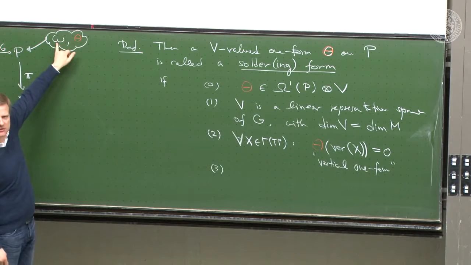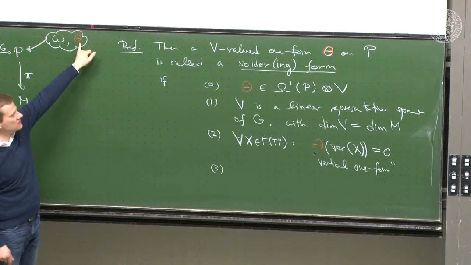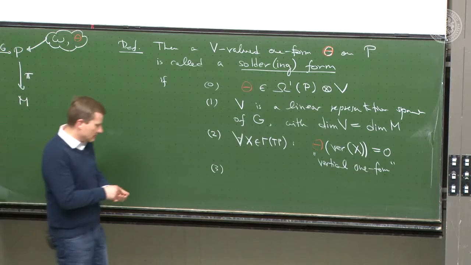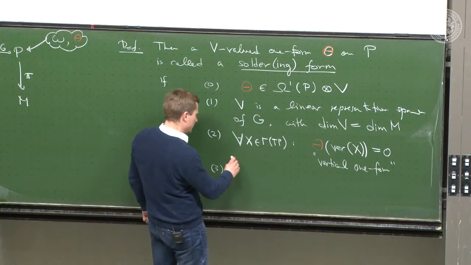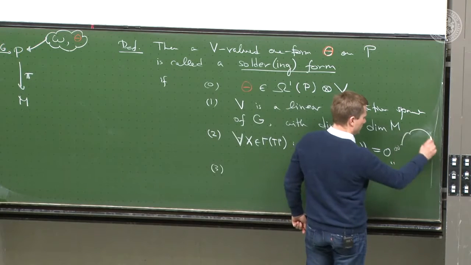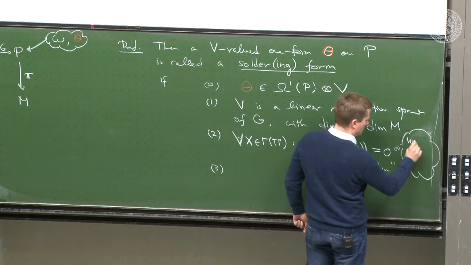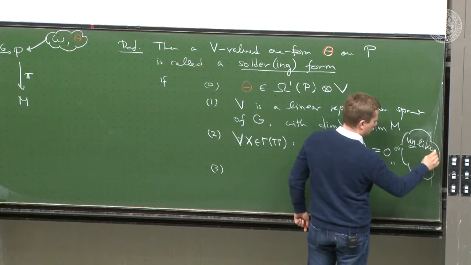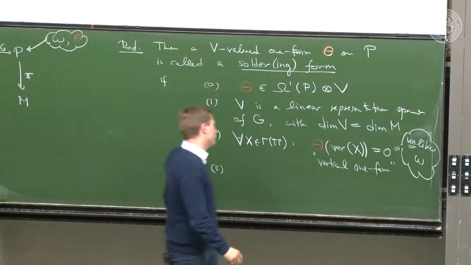This one vanishes on the horizontal vector fields and doesn't vanish on the vertical ones, on the non-zero vertical vector fields. This one vanishes exactly on the vertical vector fields. Okay, so this is, I'm tempted to write here, unlike the connection one form omega.